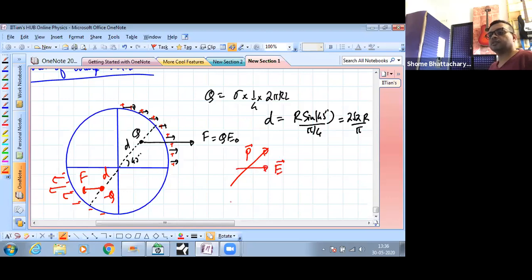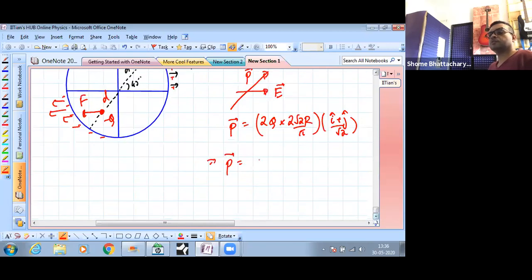So you can also do it this way, that the dipole moment vector here will become 2 times q into d, which is 2 root 2 r by pi. Okay. And this will be along this unit vector, I cap plus j cap by root 2. So your dipole moment vector is becoming 4 qr by pi, if I'm not mistaken, into I cap plus j cap.